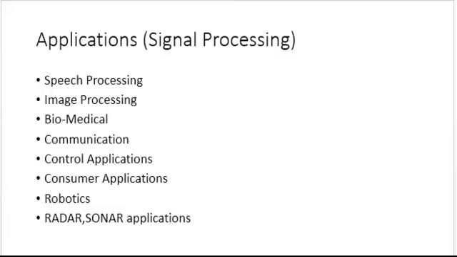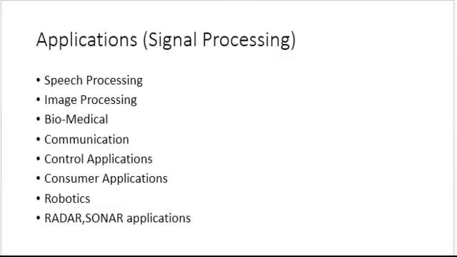Speech processing involves processing of speech signals, such as recognition of the given speech signal, speech enhancement, synthesis of speech like production and suppression, or mixing the signal with another signal. Image processing involves image enhancement, image recognition, and image compression.